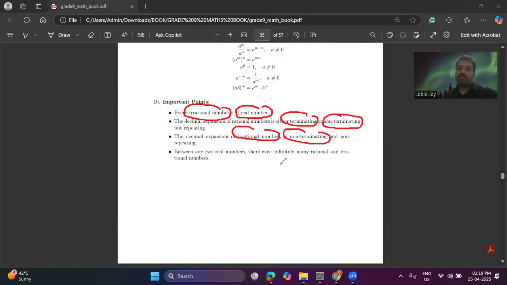Between any two real numbers, there exist infinitely many rational and irrational numbers. For example, if I take two real numbers, 1 and 2, between 1 and 2 there exist infinitely many rational and irrational numbers.